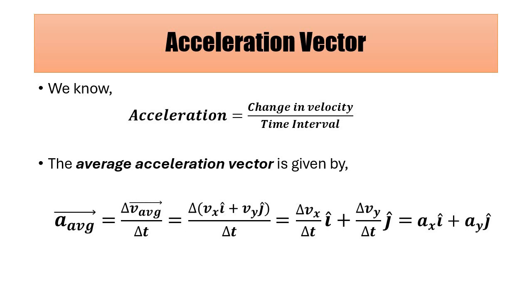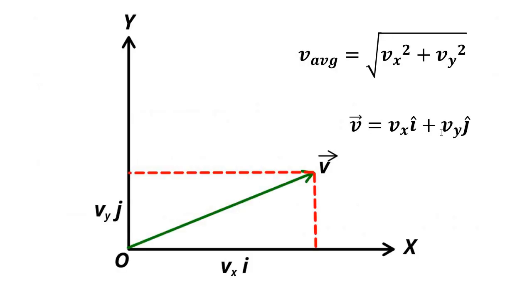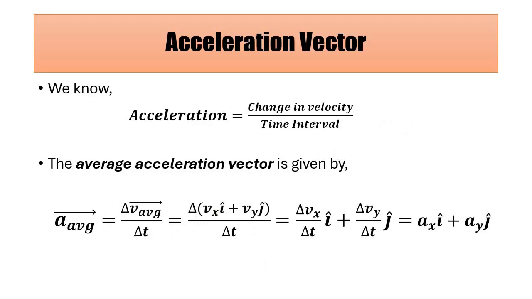The average velocity vector, which we have already specified, is represented as vx i cap plus vy j cap. So the change in the velocity vector is delta vx i cap plus delta vy j cap, divided by delta t. That gives us delta vx by delta t i cap plus delta vy by delta t j cap, again resolved into its individual x and y components.